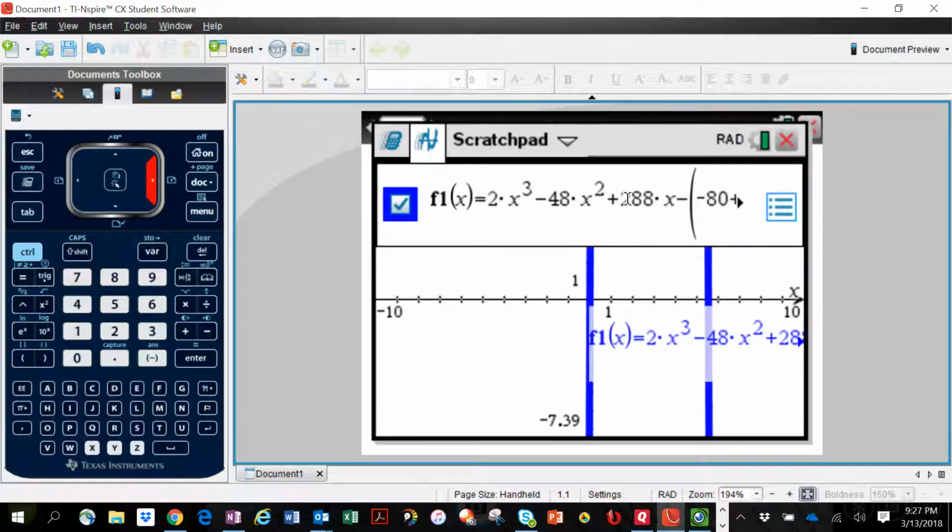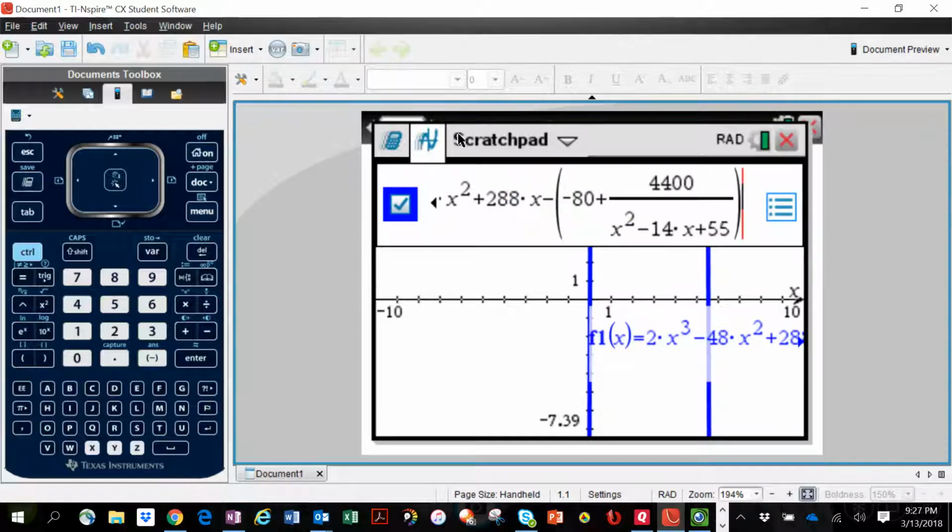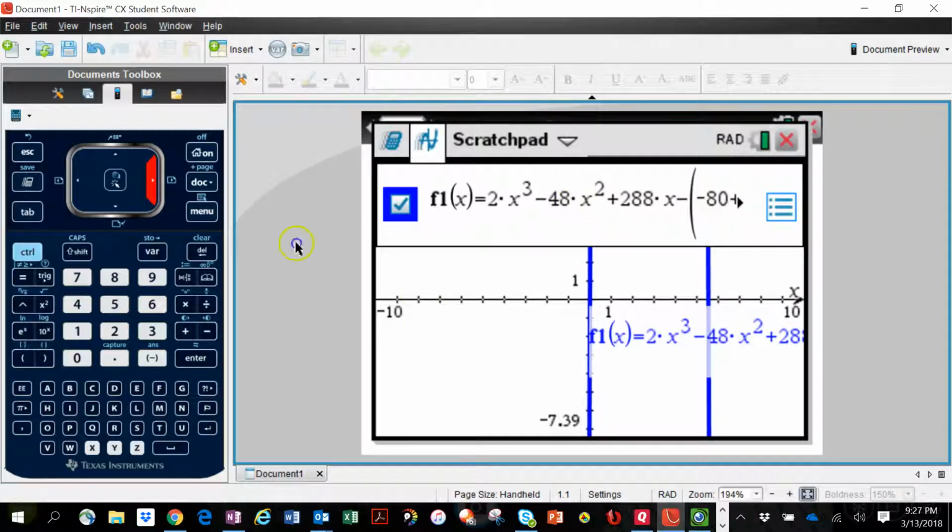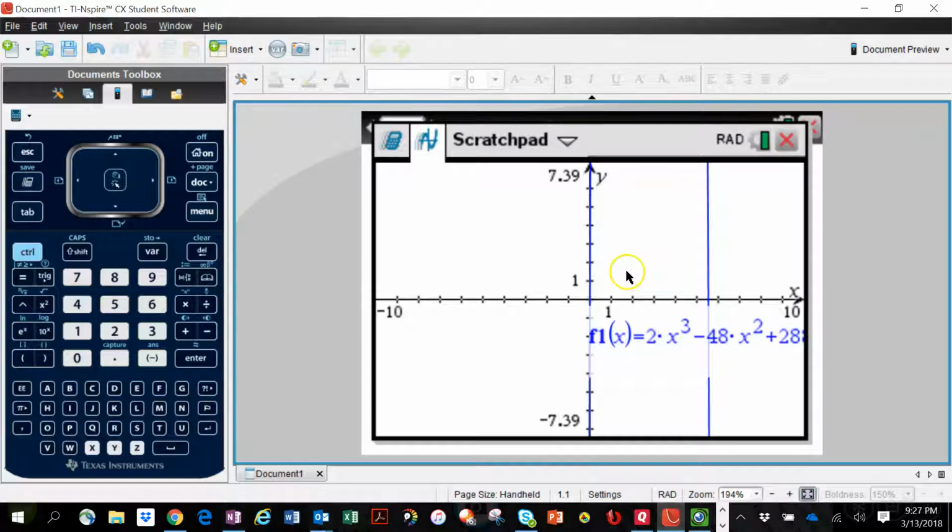Take a minute, make sure that you've typed that in correctly. I'm going to double check. 2x cubed minus 48x squared plus 288x minus the other function, negative 80, plus 4400 over x squared minus 14x plus 55. Great.